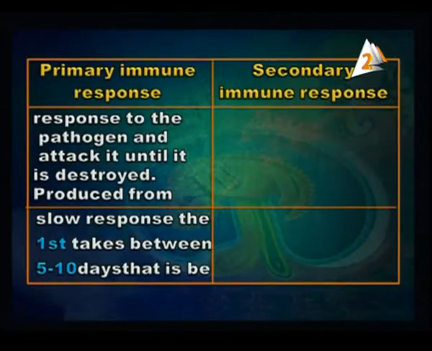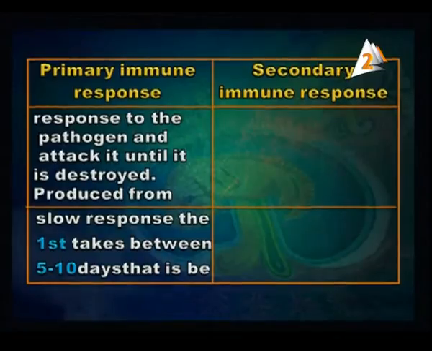So this is a slow response. The first takes place from 5 to 10 days. That is because these cells need to multiply and to make a defense for it.